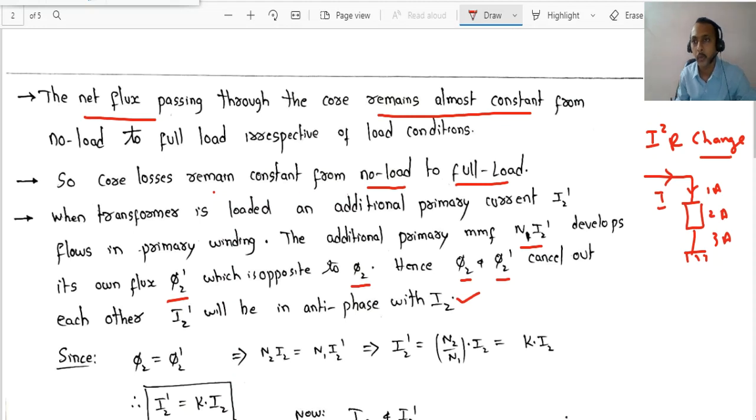How do you understand that? For example, if this is I2 in vector notation, its I2 dash will be exactly opposite, at 180 degrees.